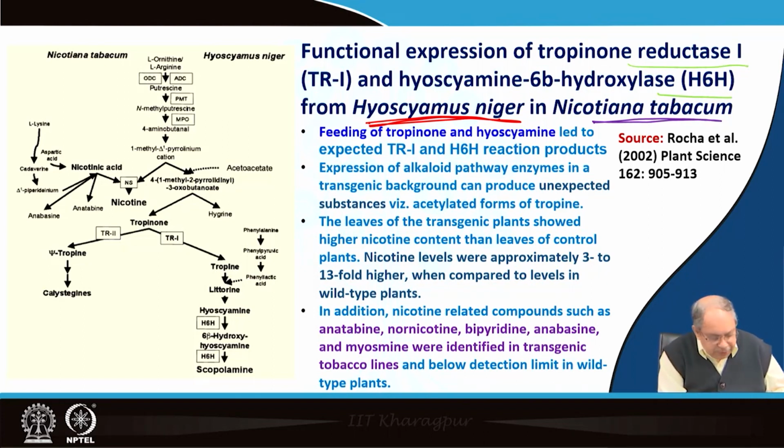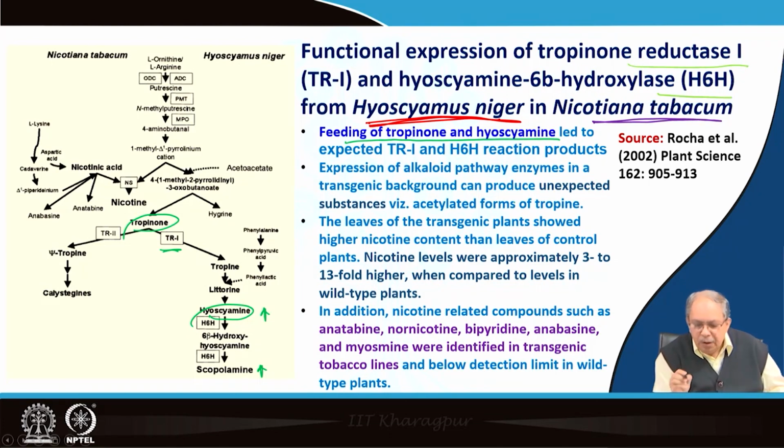But if you do the feeding of tropinone and feeding of hyoscyamine, that leads to the expected reaction product. If you feed tropinone and hyoscyamine, then this is TR1. So, this will work and then you will see the formation of these products.